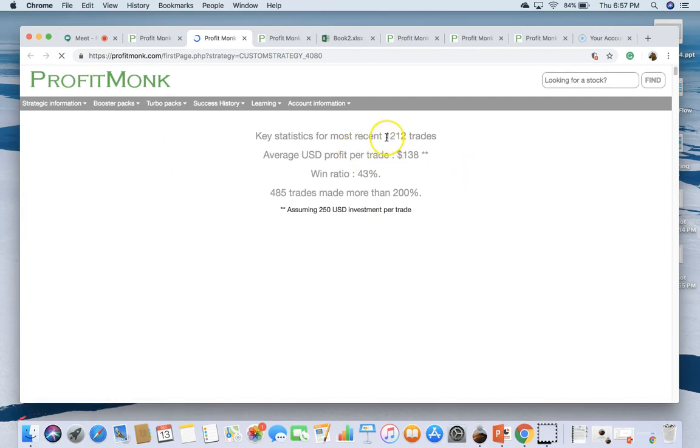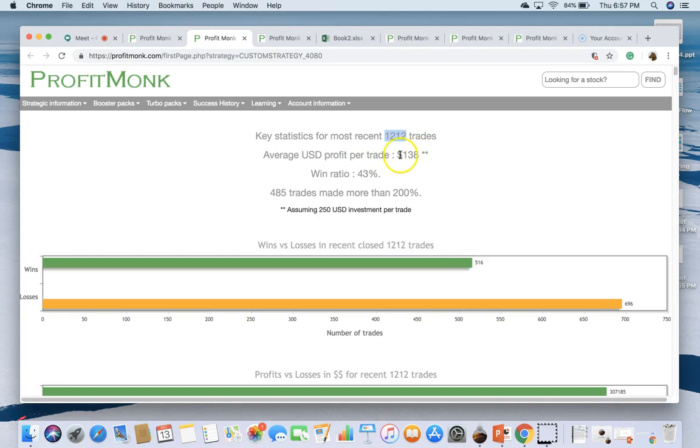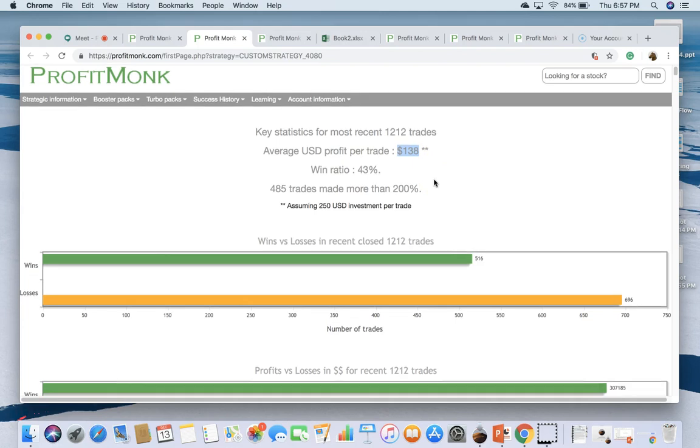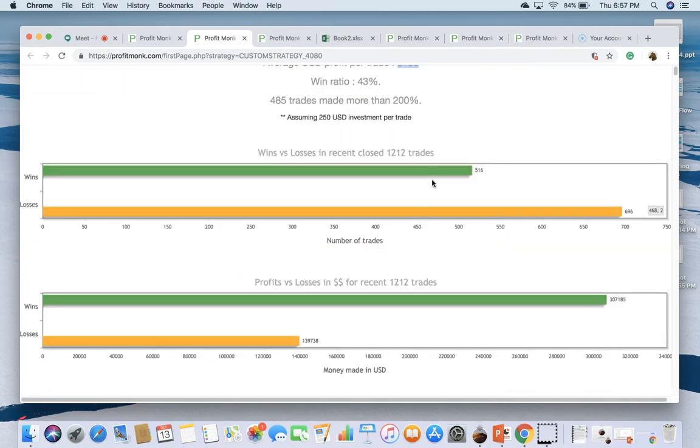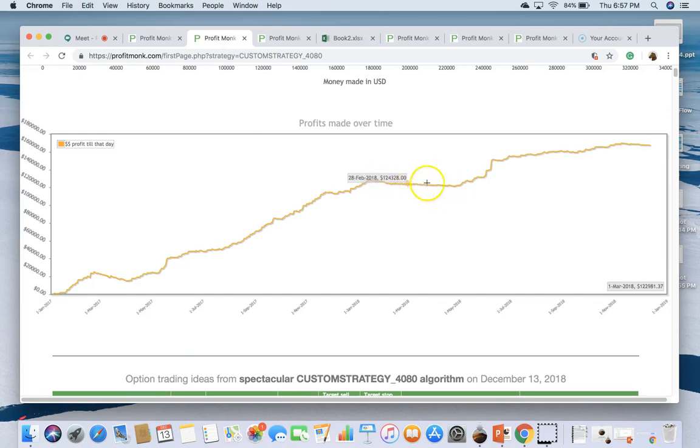Okay, so now your number of trades will go down to 1,200. Your average profit, of course, increases because you didn't even look at anything which was less than $100, and you would have still been okay.